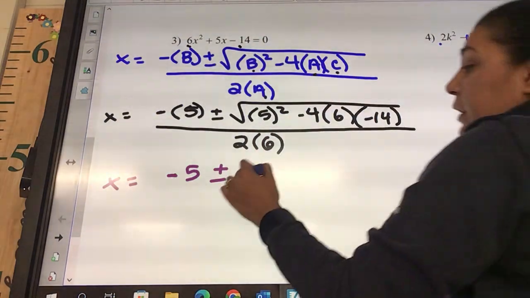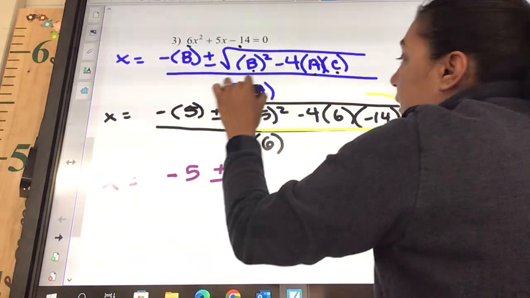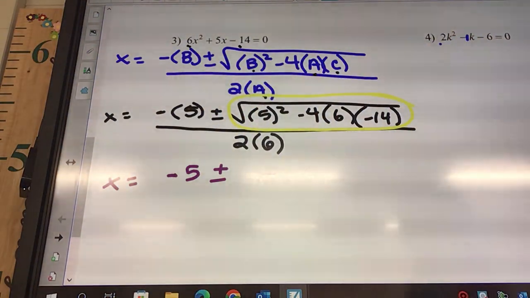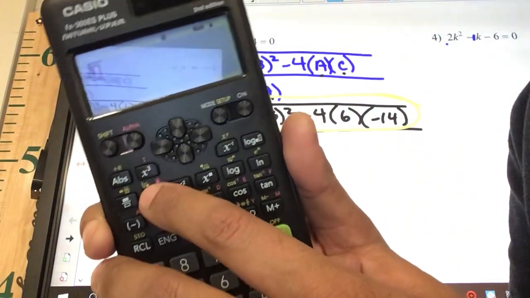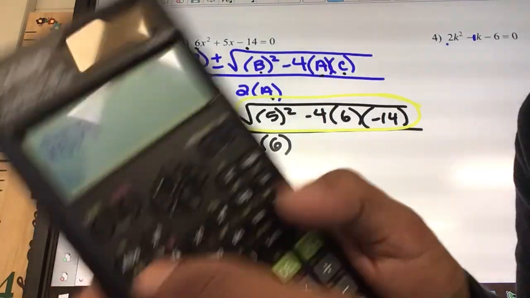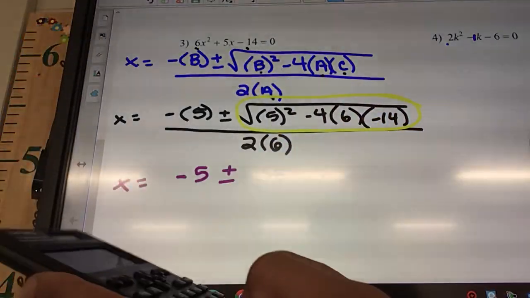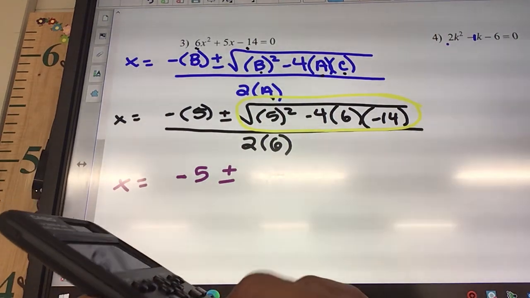And here's where you're going to type in all of this, including the square root and the squared, on your calculator. So again, we hit square root, and we get 5 squared. Don't forget your squared button. Minus 4 times 6 times negative 14.